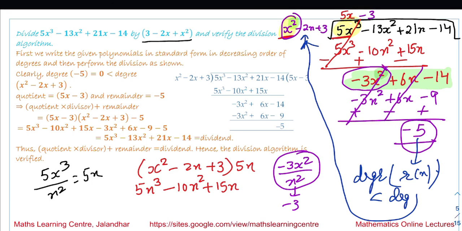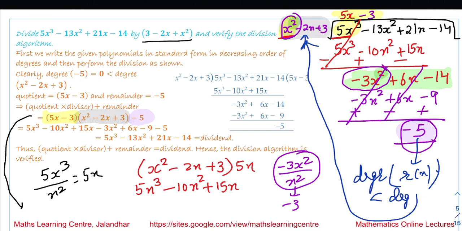Now we have to verify the division algorithm. So what we have to do? We are saying x square minus 2x plus 3, this term we are talking about, multiplied by 5x minus 3, plus minus 5. When we multiply these terms and calculate these values, how are we going to multiply?